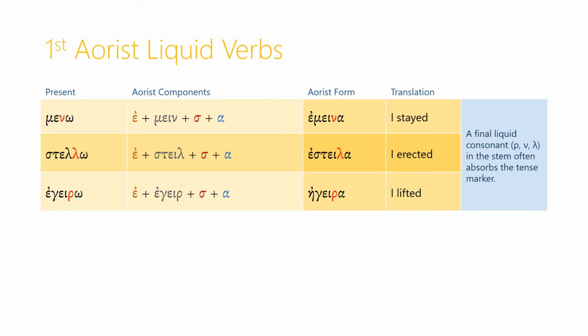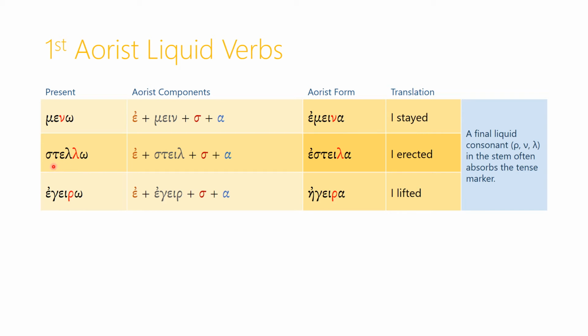So meno uses the slightly changed stem, aorist stem men, but the important thing to notice here is that the sigma tense marker is absorbed by that nu, and we get the aorist form emena, I stayed.